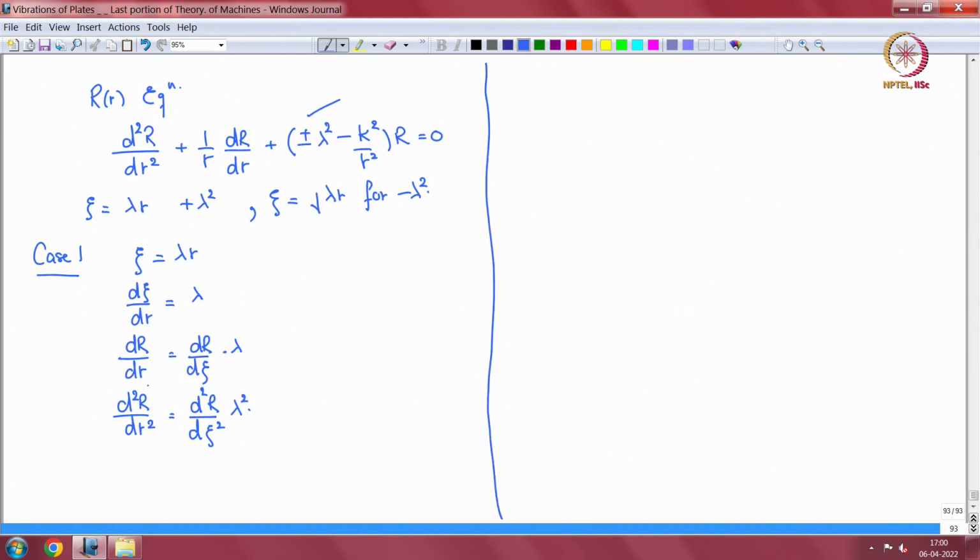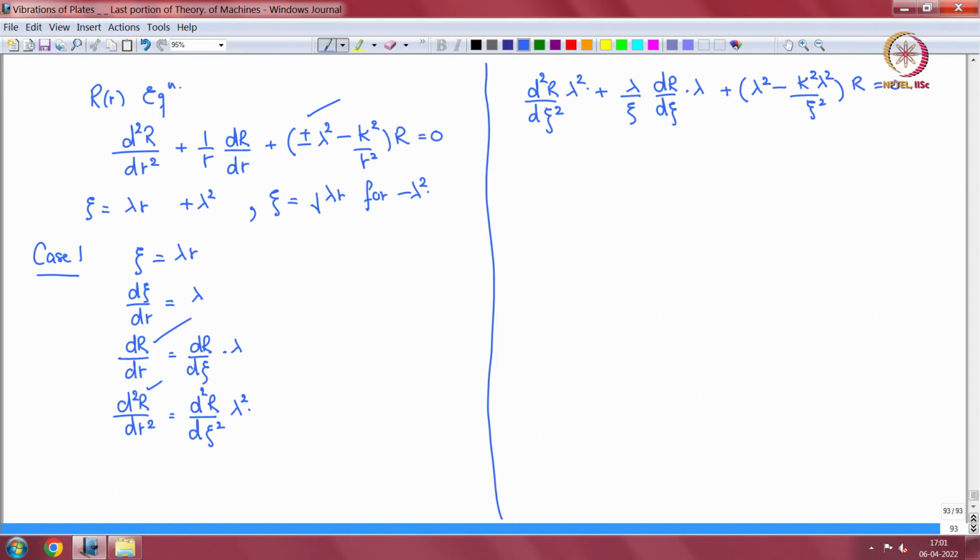I get d²R/dr², which is d²R/dξ² λ² plus 1/r, which is λ/ξ, dR/dr is dR/dξ into λ, plus (λ² − k²/r²), which is λ²/ξ², into R equal to 0.